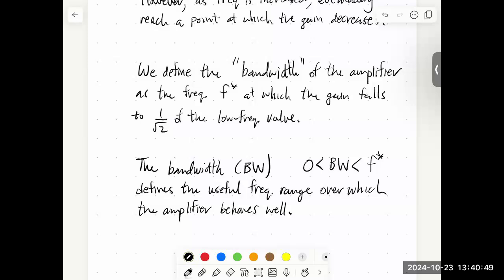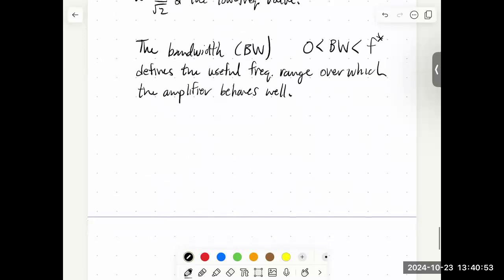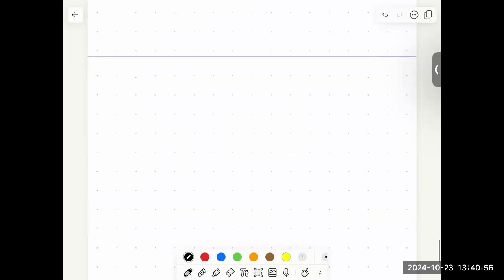Let's do one more application. So we'll practice applying our golden rules. So another op-amp application. I'm not going to tell you what this one does. We'll just analyze it and we'll find out.